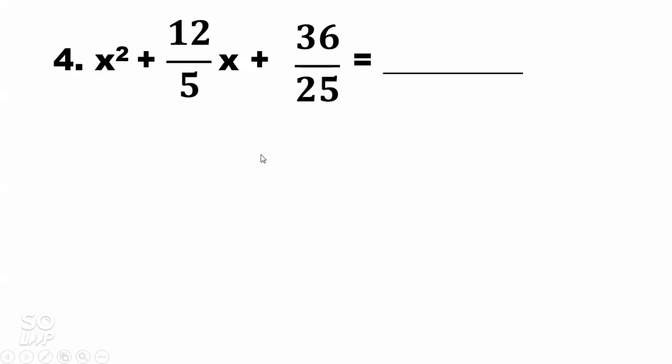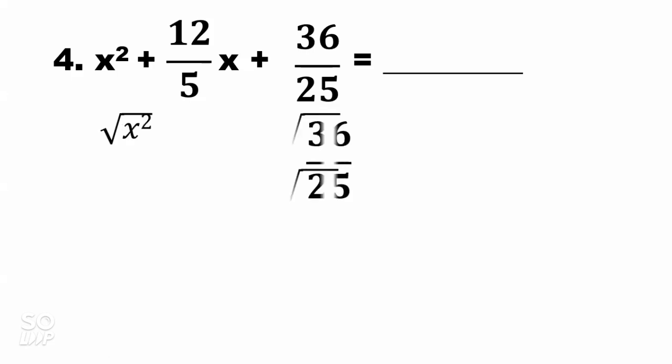Next, how about number 4? Okay, so kung titingnan natin, mahirap gawin, pero hindi. Okay, so madali lang to. Kukunin natin yung square root ng first term, which is square root of x squared. Okay, and then square root of the last term, which is square root of 36 over square root of 25. So, both numerator and denominator is square root natin.